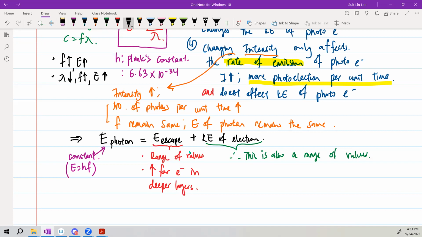So this means when I put it together in a min-max fashion, if I take the most energetic electron, KE max, after I capture the electron that escaped the metal surface, I realize, wow, this electron got a lot of energy, the most energy. This means that it uses the minimum energy to escape.